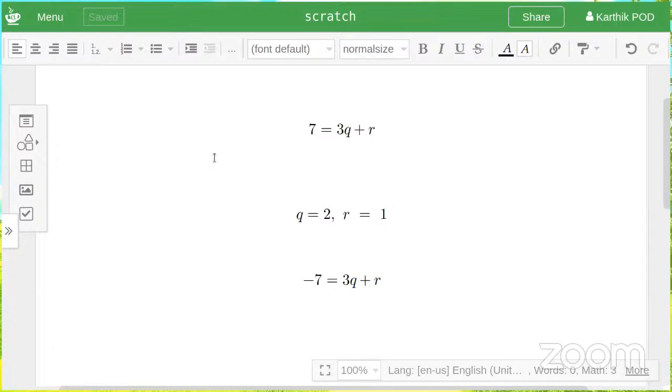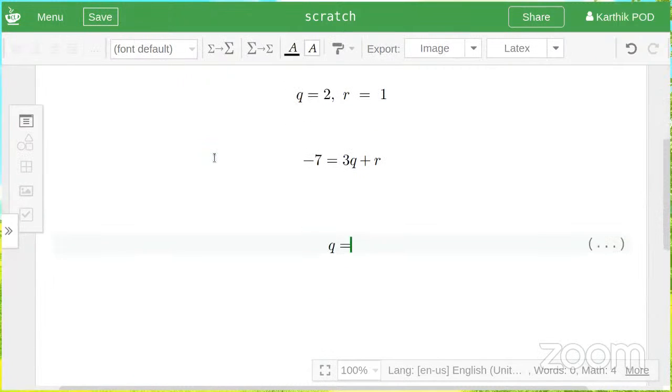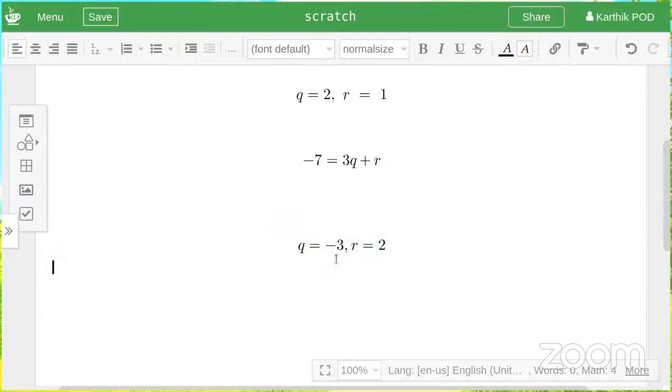No, what I said before is that R should be positive. Q will be -3, right? Yes, sir. If Q is -3, what will R be? 2. Positive 2.